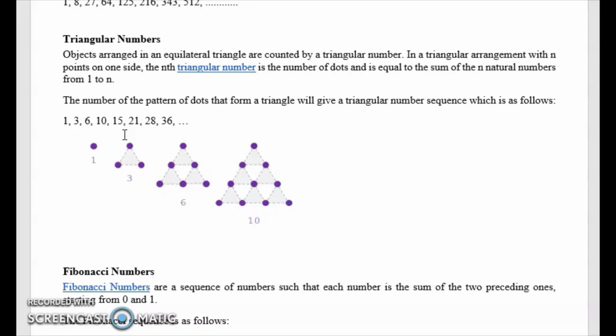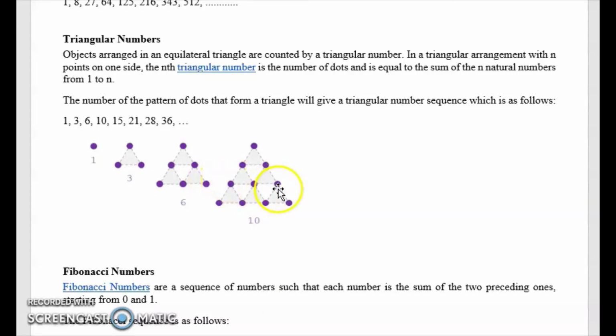So if we represent them by dots, magsisimula tayo sa isang dot. So 1. Dahil sa 2, yung difference ng susunod, magpa-plus tayo ng 2. So 1 plus 2, magiging tatlong dots. Makukuha na tayong 3. Anong susunod na i-add natin sa 3? Mag-a-add tayo ng 3. So 3 plus 3 equals 6. Anong susunod? 4. Mag-a-add ulit tayo ng 4 sa susunod na dots.